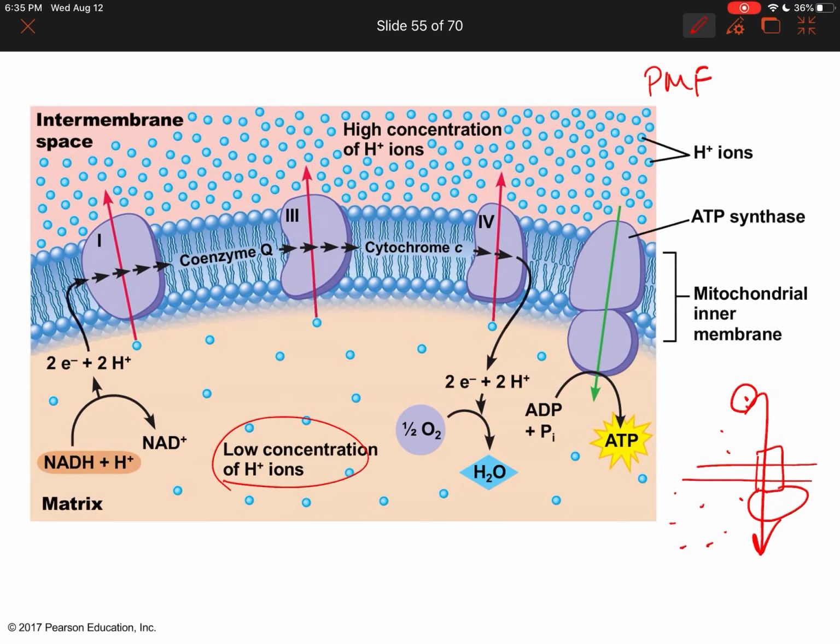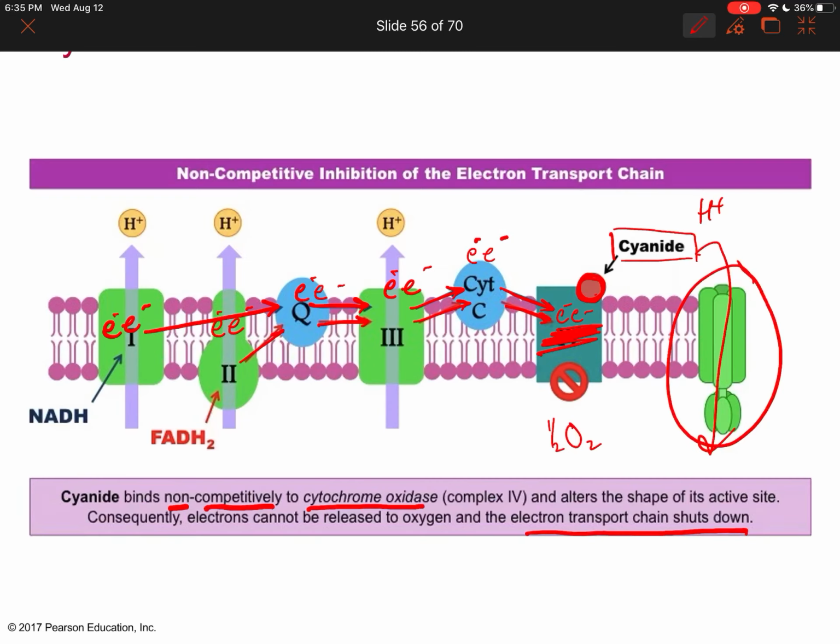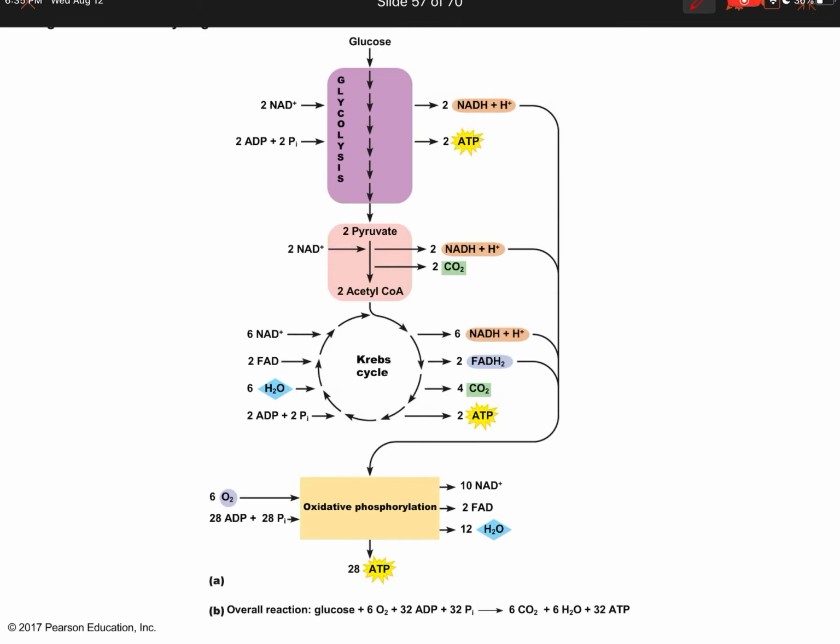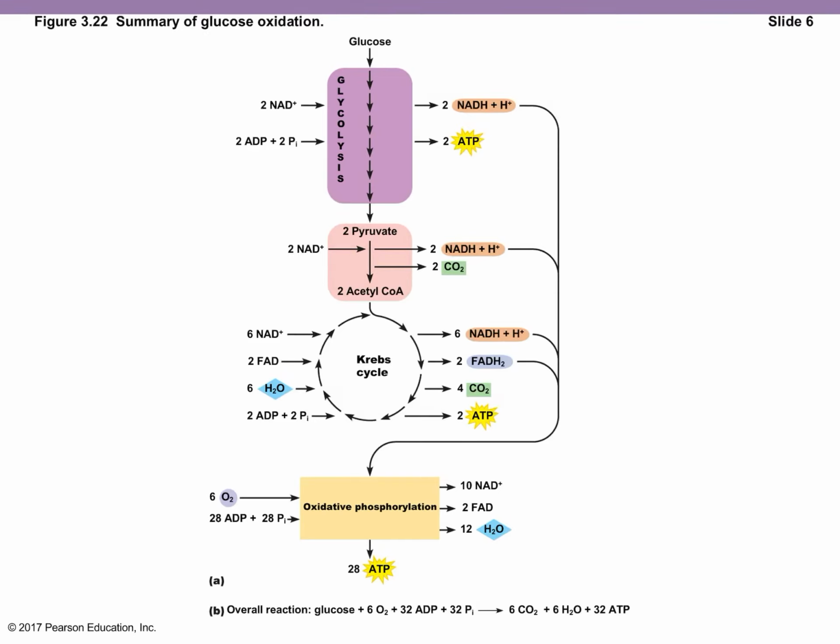Okay. That is how we make the bulk of our ATP in our cells with the electron transport chain. So looking at everything overall, here is the summary of basically the cellular respiration. Glycolysis: we can see that we are producing a little bit of ATP, but also these electron carriers.